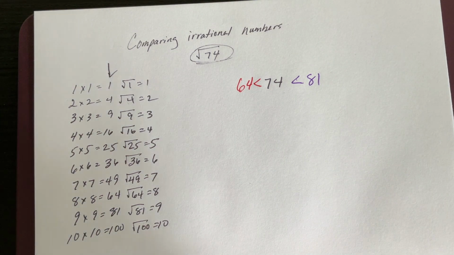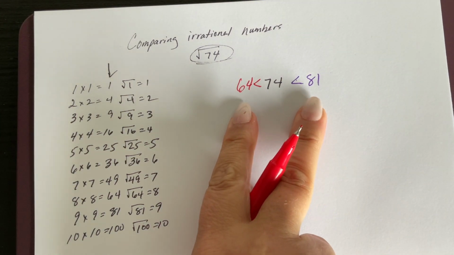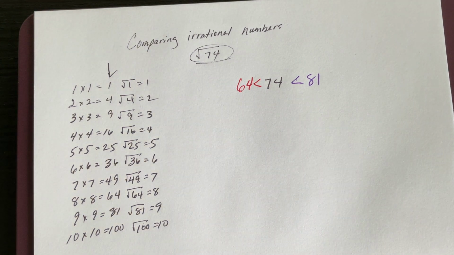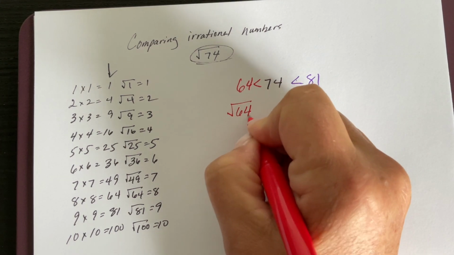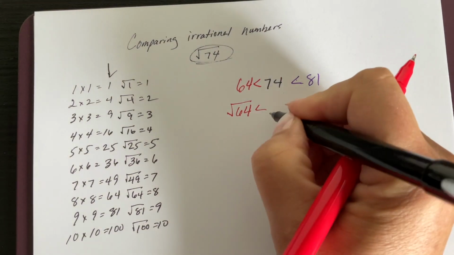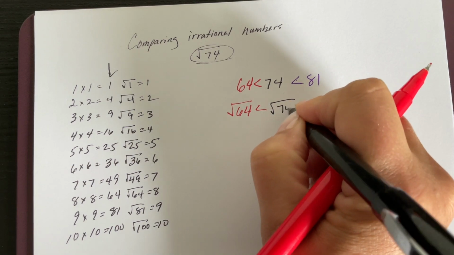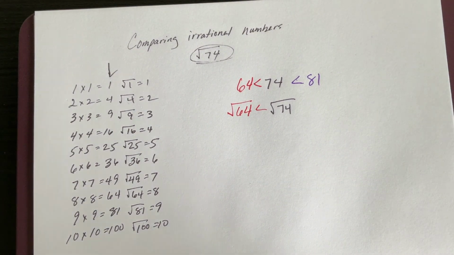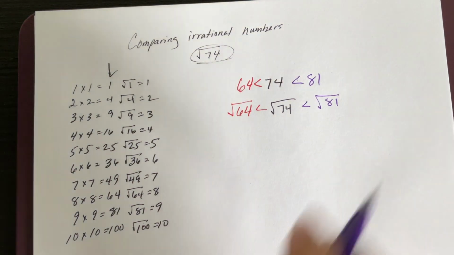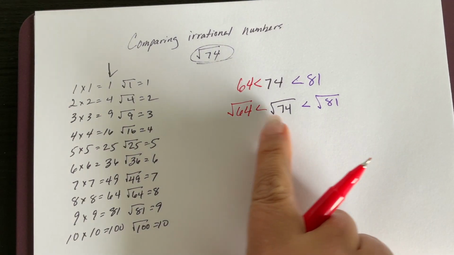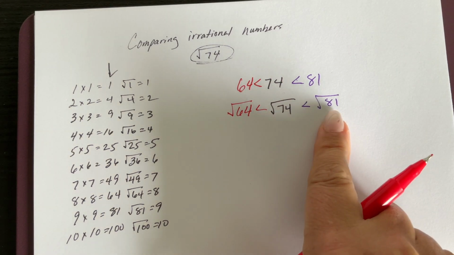So it's between these two perfect squares. And that means that if I have the square root of 64, the square root of 74, and the square root of 81, 74 is between those two numbers.